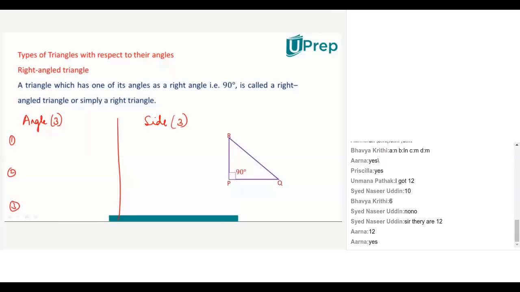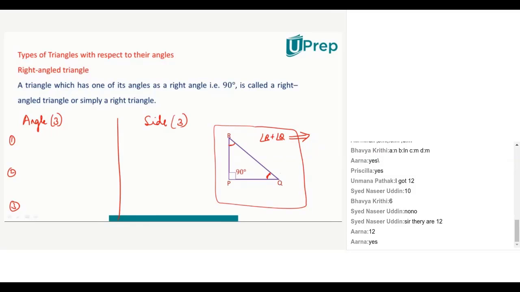Yes, sir. Now, Unmana, I have a question for you. If I look at this figure on the right side, angle P is given as 90 degrees. What is angle R plus angle Q, Unmana? Can you give me a value of angle R?